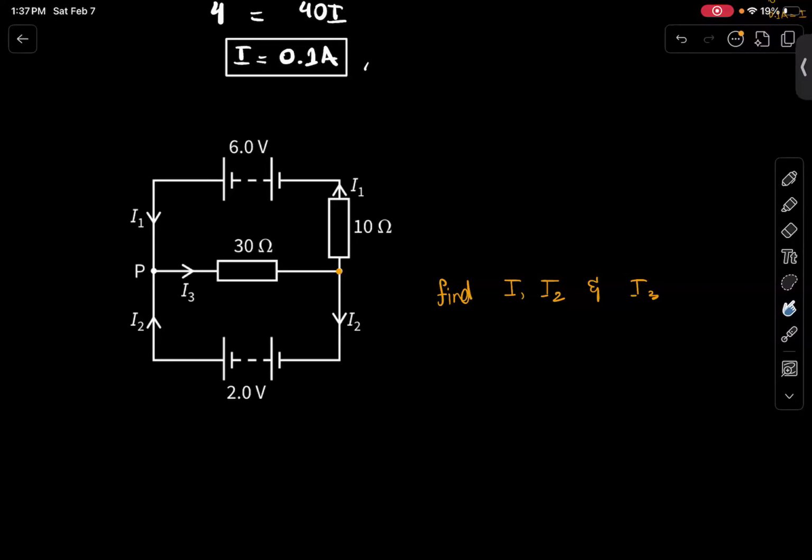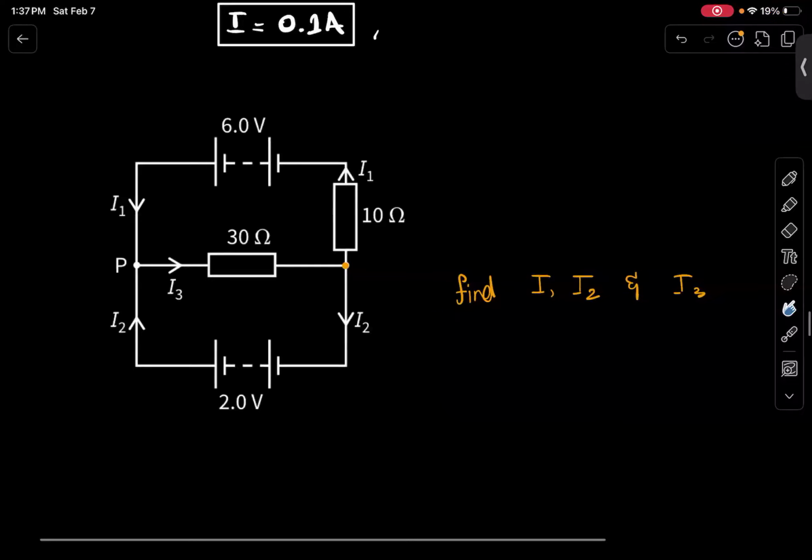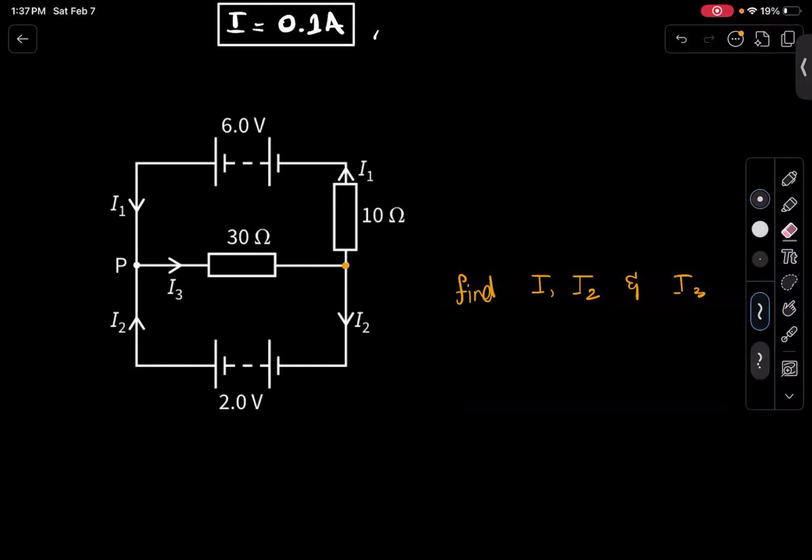Can you try to solve this? I would like you to take 2 to 3 minutes to try to figure out this question. Try to find I1, I2, and I3. It's a good one.